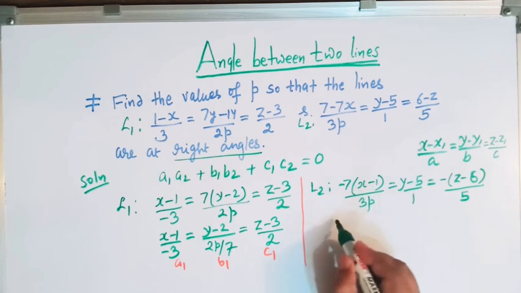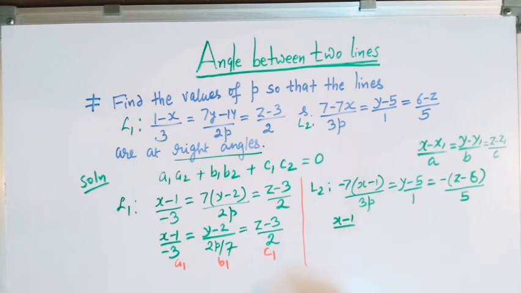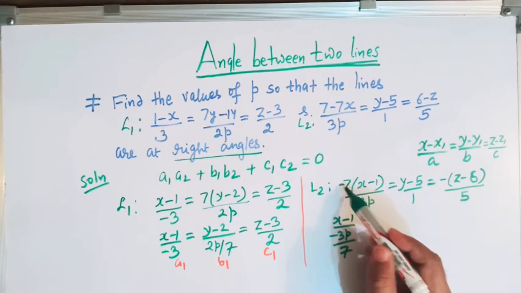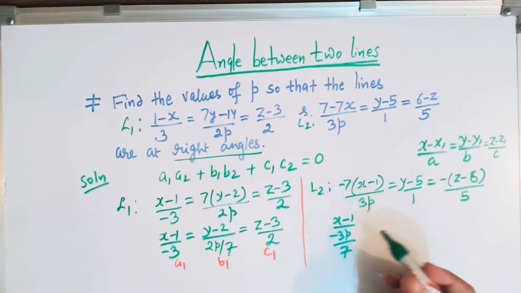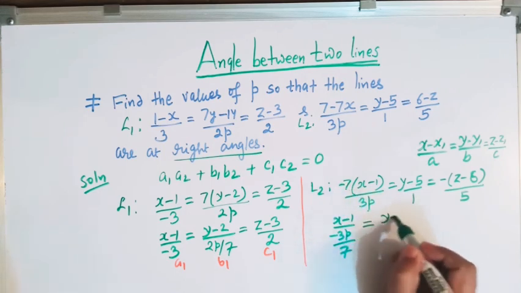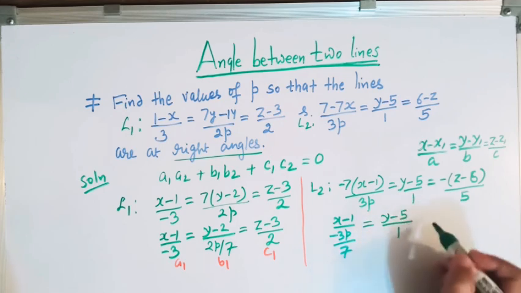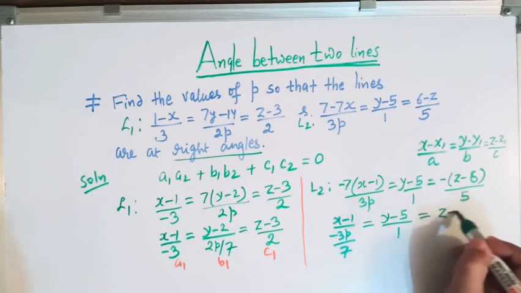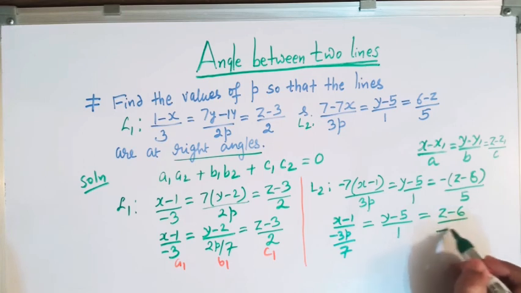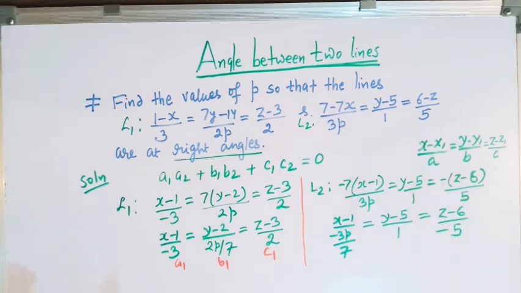Now this can be written as x minus 1 divided by minus 3p over 7, right, taking this minus 7 to the denominator of 3p, and then we have y minus 5 over 1, and here we have z minus 6 divided by minus 5, right?